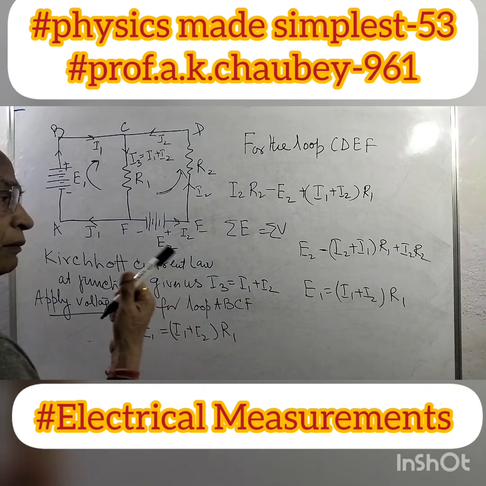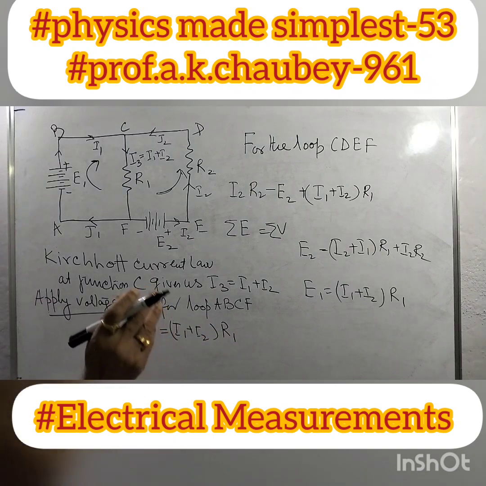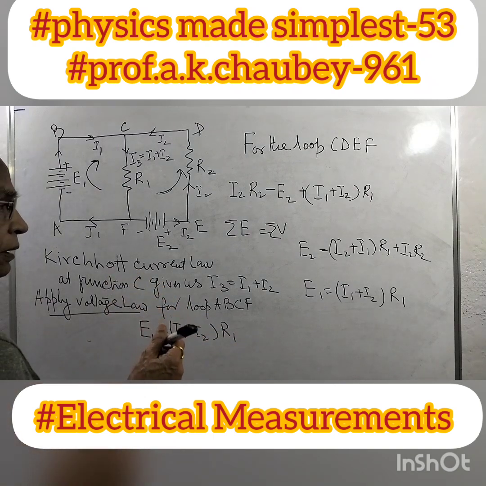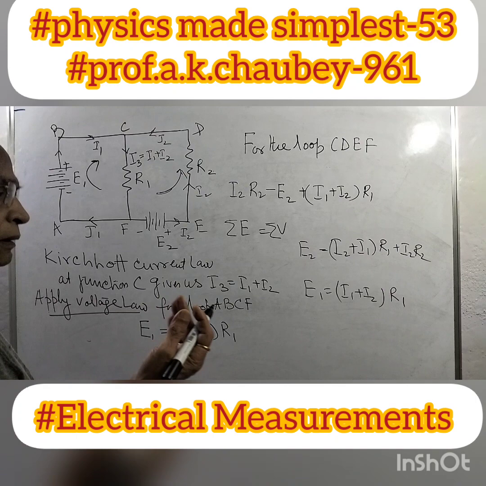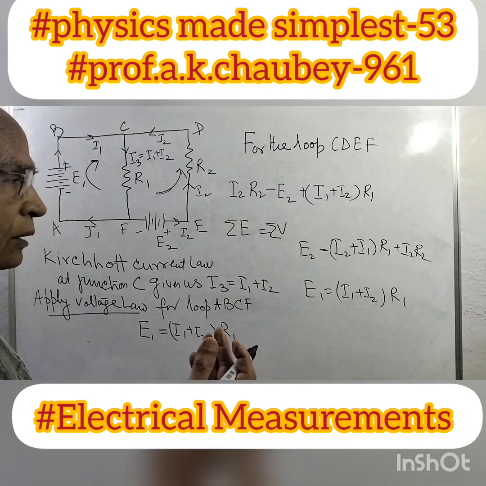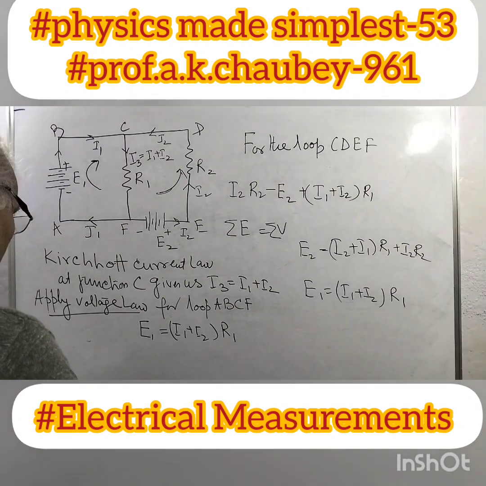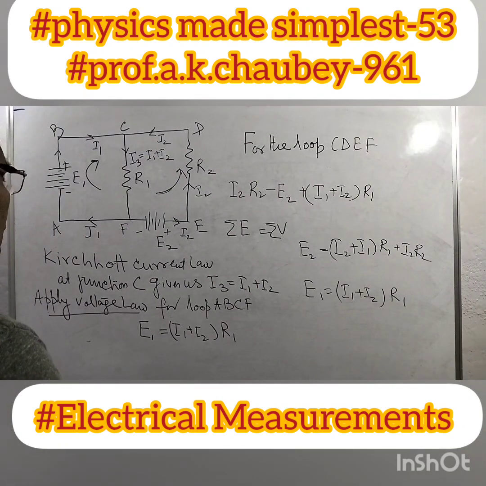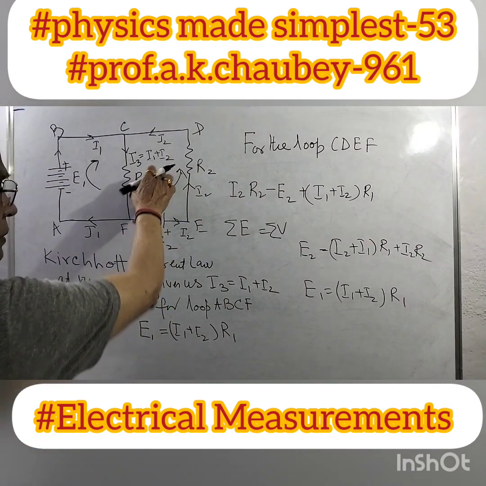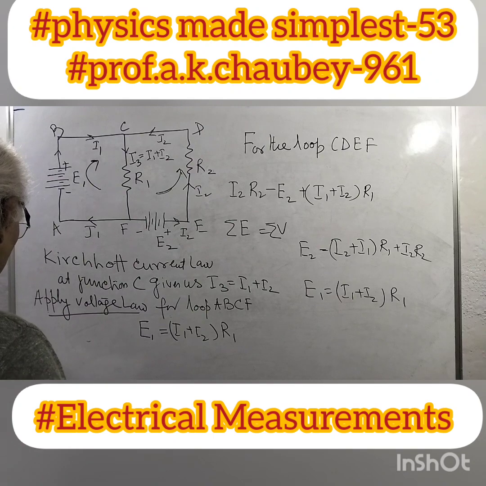R1, R2 and E2 may be given, or maybe one current is known, and you can calculate the other current using this. So using the voltage law and the earlier current law, I3 is equal to I1 plus I2, we can use that.